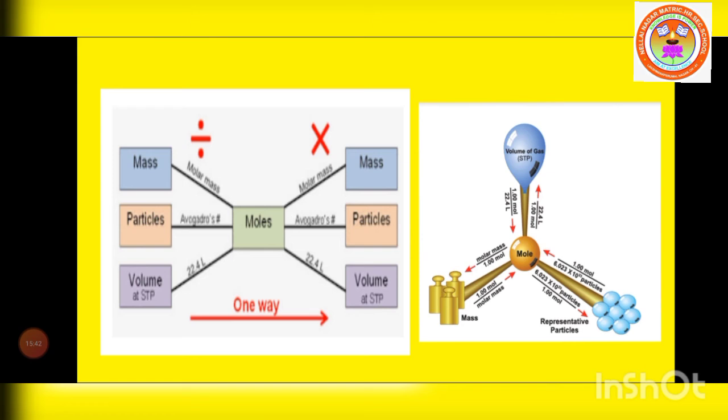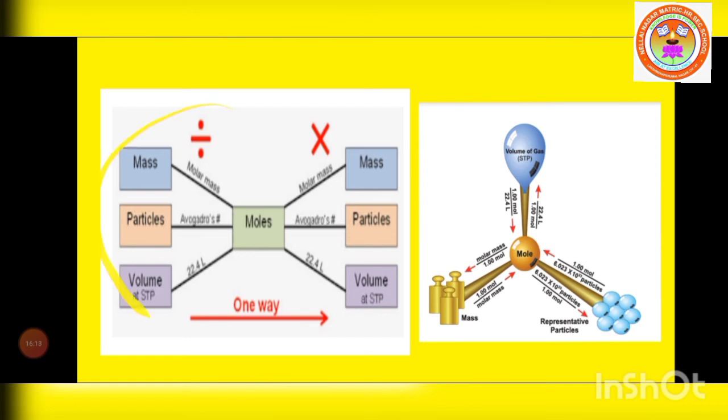So in this picture, it is a conversion method: how the volume of gas is converted into mole, or mole is converted into volume of gas. Similarly, how mass is converted into mole, or mole into mass. And how particles are converted into mole, or mole into particles. This picture represents the conversion method.